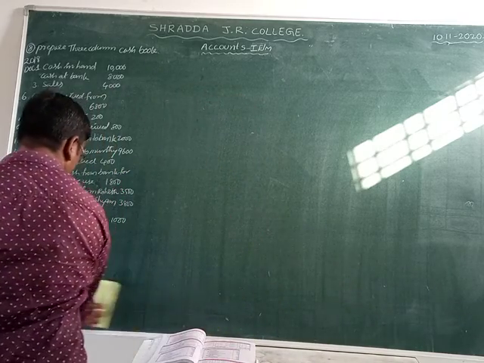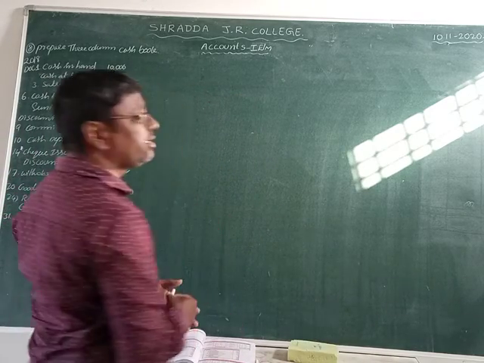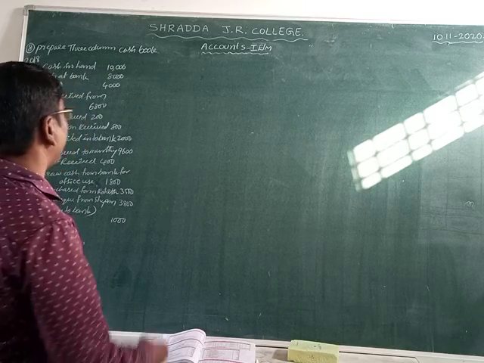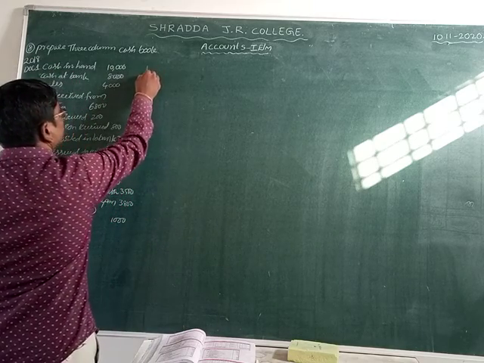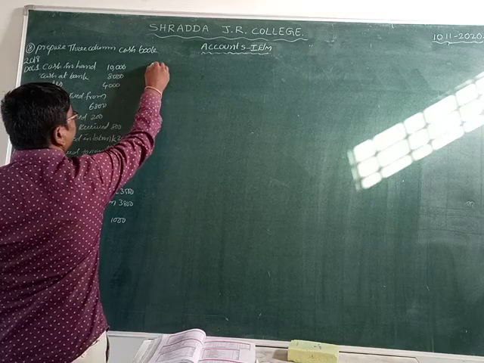Now we are going to take the three column cash book proforma. Let us see here.